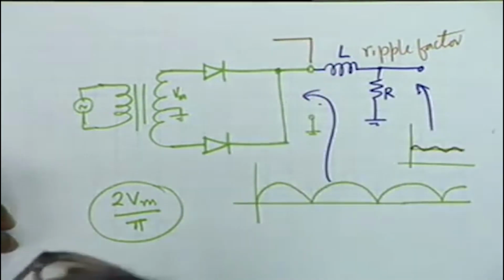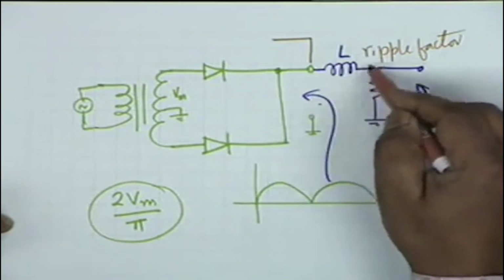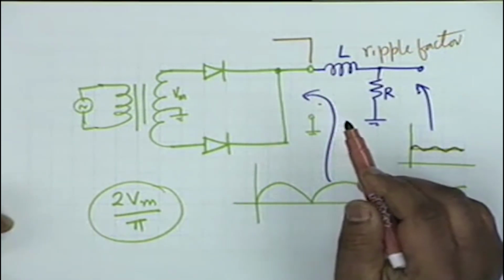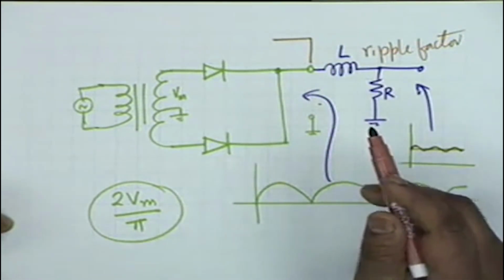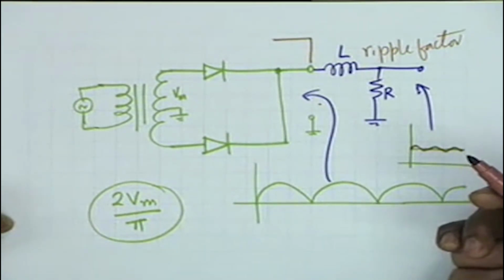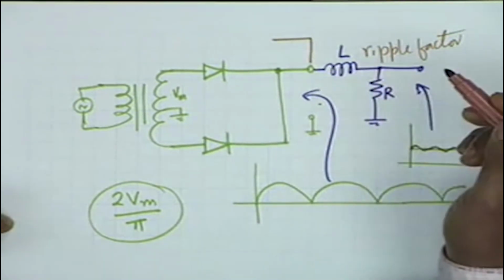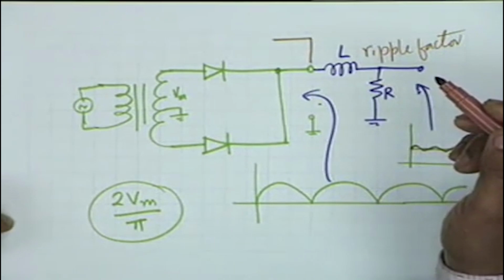Alright, I did. If you want to use a simple L type filter like this, there is a problem. The problem is that the inductance that is required is usually a very large value, because power frequency is small, 50 hertz only, omega is 100 pi, and therefore the inductance that is required is usually large and becomes expensive.